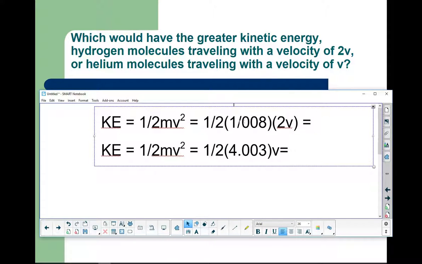The 2 here and the 2 here will cancel out, right? So my answer here is going to be 1.008 v.